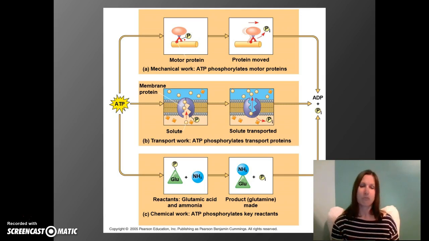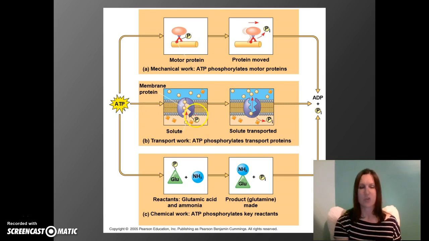When we look at transport work, ATP we know is used in active transport. We want to move from a low concentration to a high concentration. How do we do this? ATP breaks down in the presence of water. This third phosphate phosphorylates, or joins.